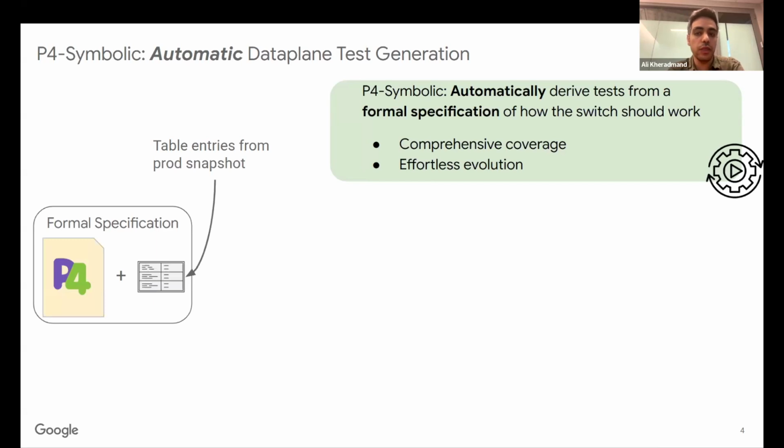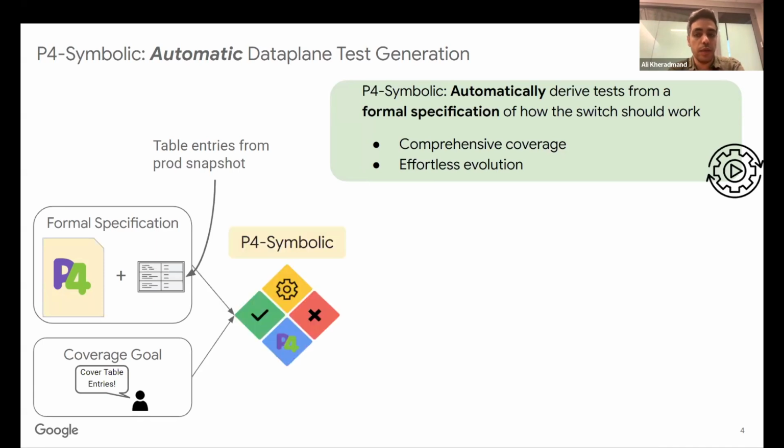And the way that we use it is that we take this P4 model that basically describes our expectations from the switch. And we also take a set of table entries from a historical snapshot of one of our switches that is in production. And then we give these two things to P4 Symbolic along with the coverage goal that we want to be achieved.